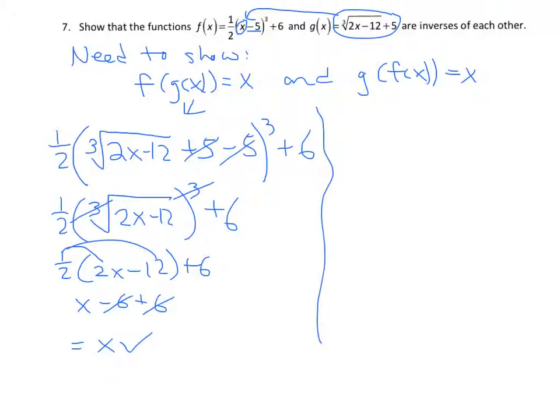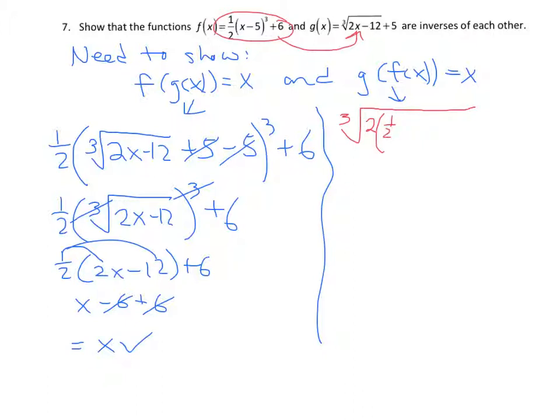Okay, now we're going to show this second part, that g of f of x equals x. So now we are plugging this function into that x. So we get the cube root of 2, and then I replace that with 1/2 x minus 5 to the third plus 6.